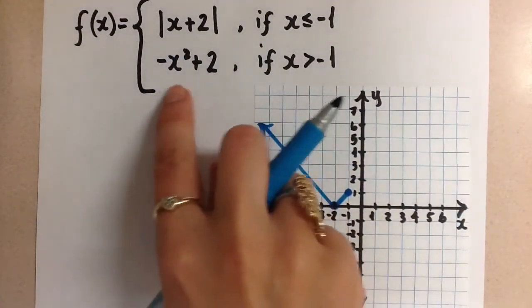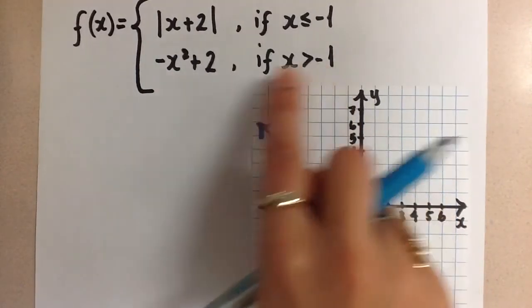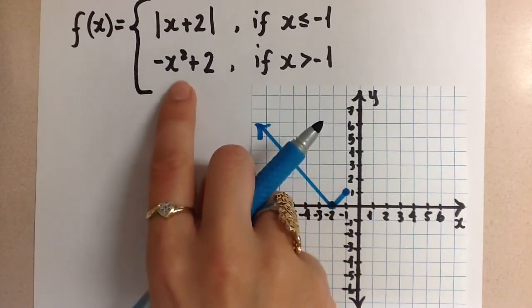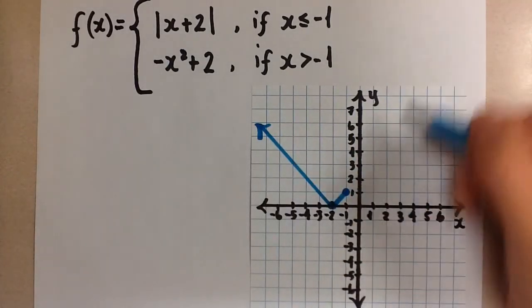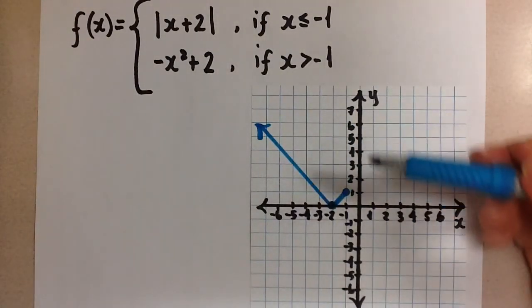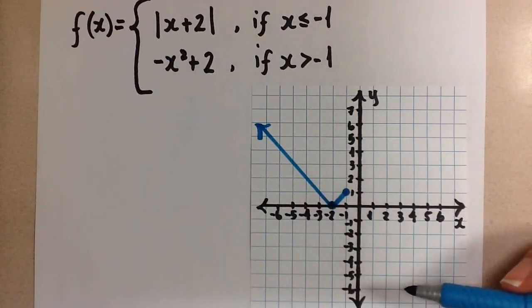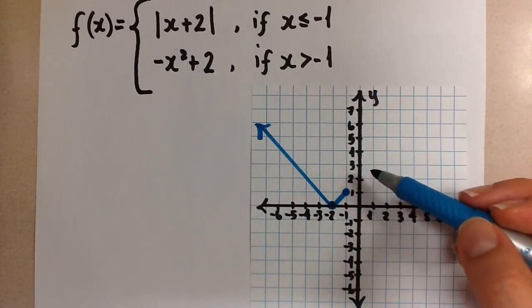Now let's look at the second interval. So when x is greater than -1, we're going to have this parabola. Now this parabola, if you think about the parent function, which has a vertex here, goes up like this. This is now going to be flipped over the x-axis and then moved up 2 units.